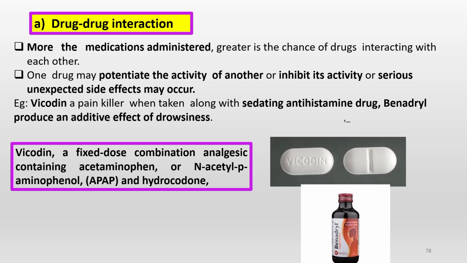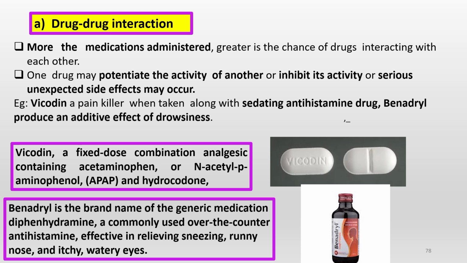Benadryl is actually a brand name, which contains the generic medicine diphenhydramine, a first-generation H1 receptor antagonist, a commonly used OTC, over-the-counter antihistamine, effective in relieving sneezing, running nose, and itchy, watery eyes.